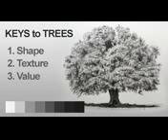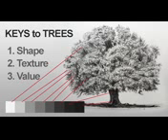Value is the darkness or lightness of a color, and in order for our drawing to be successful, it's the placement of the values that ultimately leads to the illusion of the texture of the leaves. We want to ensure that we have a full range of value, meaning that we have the darkest darks, the lightest lights, and the midtones in between.